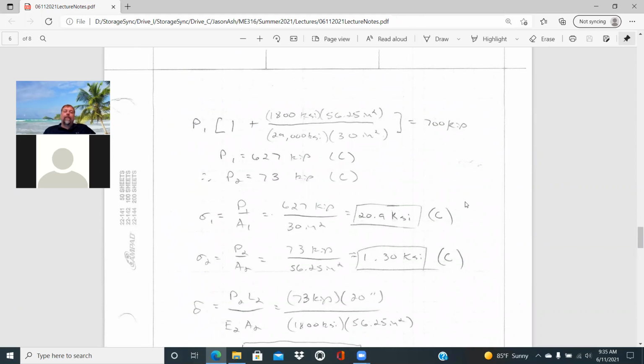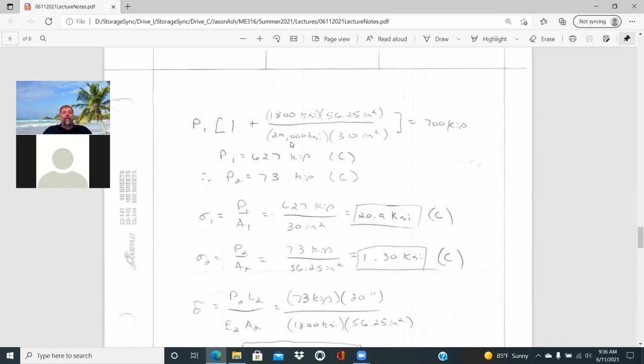73 kip in compression. And so the interesting thing: the Young's modulus of the wood was 1800 KSI. The Young's modulus of steel is 29,000 KSI. And so what we find when materials are constrained through compatibility like this, where they have to have an equal displacement, is that the more rigid material tends to be the load carrying member.